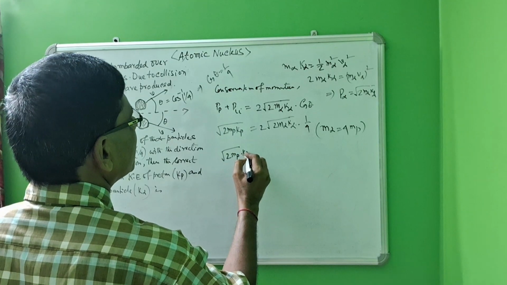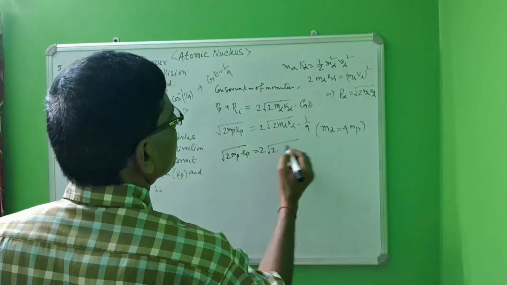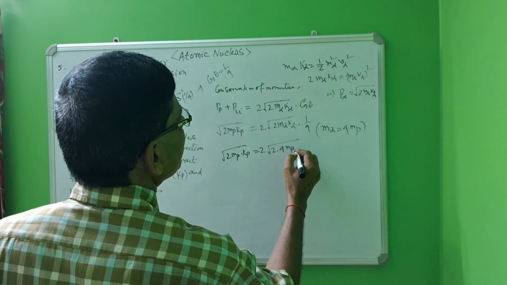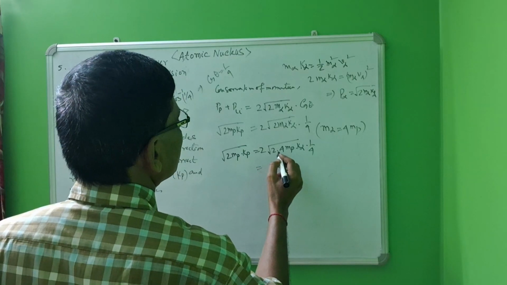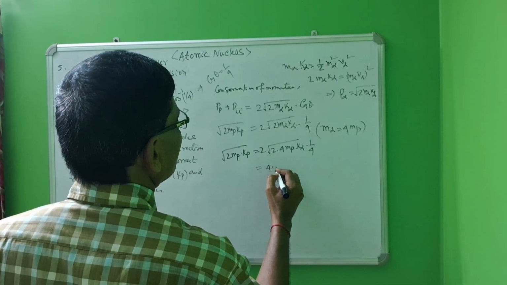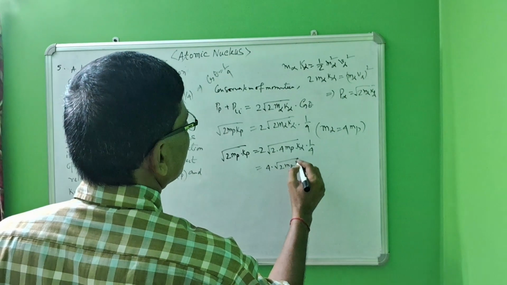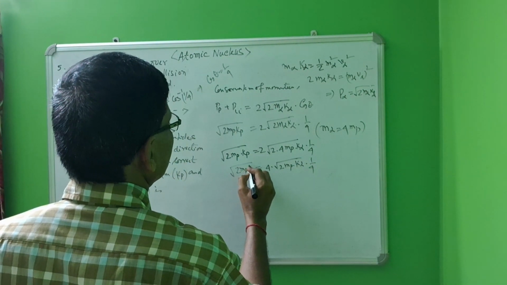From which we can write root over twice mp kp equals 2 root over twice into 4 mp k alpha into 1 by 4. From this we get 4 root over 2 mp k alpha into 1 by 4, equal to root over twice mp kp.